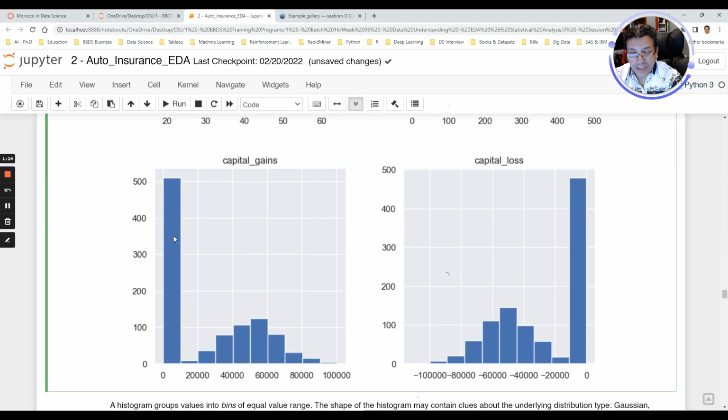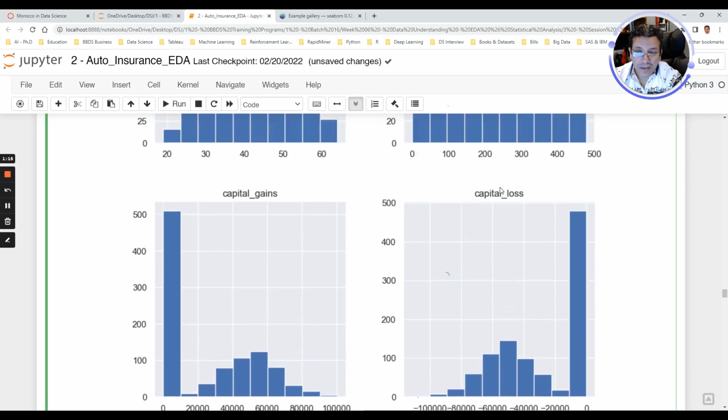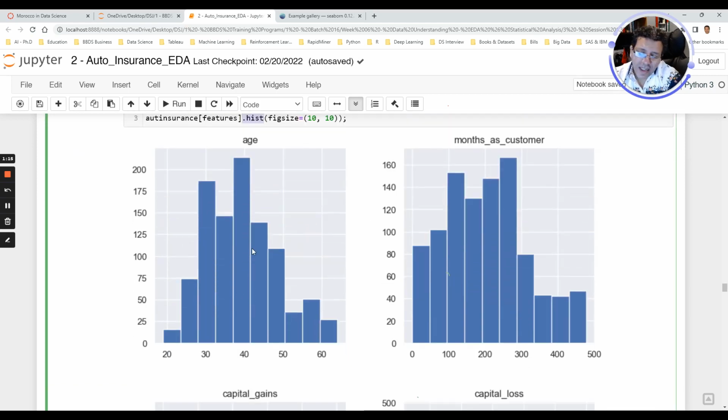We have many zeros, and we got an outlier in the right tail of capital gain, and an outlier in the left tail of capital loss. For the age, it's almost normally distributed, but we got some problems in there. Month as customer is totally not in a good shape.